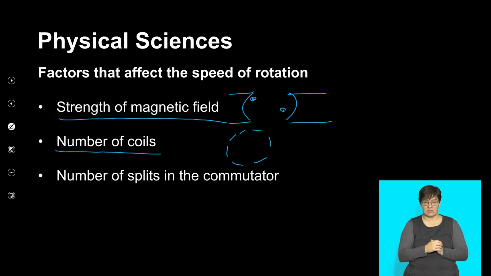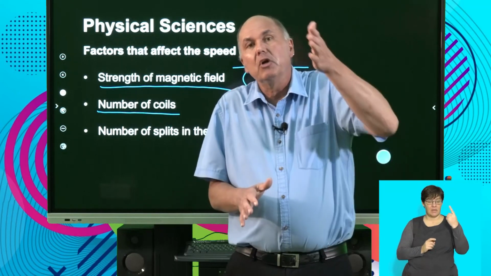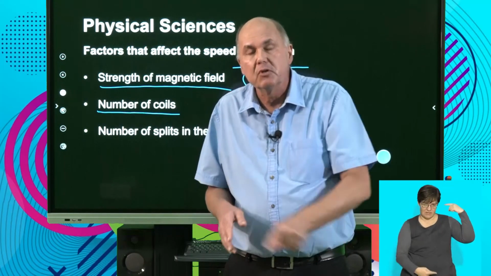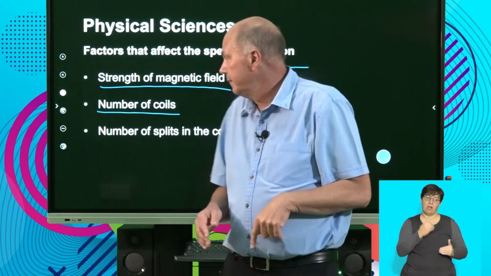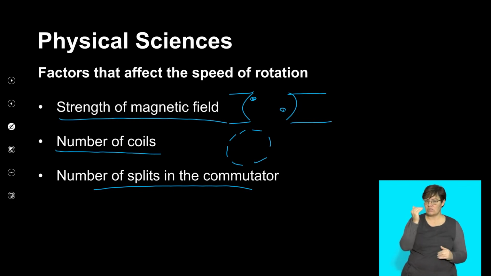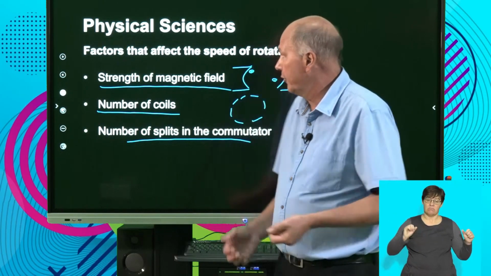And that is to show that there are lots of coils. So as the one coil moves out, the other coil moves in, and that also helps to smooth the rotation. So the number of splits in the commutator can increase, the number of coils can increase, and if we do that, we get more current going through, which creates a bigger magnetic field, which creates more thrust.